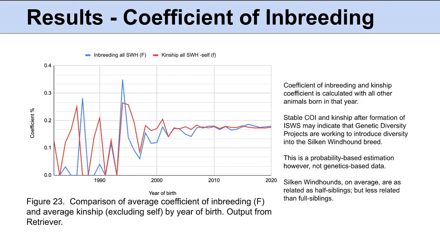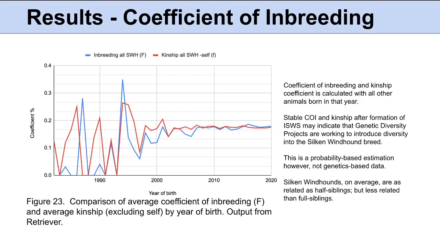The takeaway from this is actually encouraging on paper, that there is a stable COI and kinship level after the formation of ISWS, and this may or may not indicate that the genetic diversity projects are working on paper to introduce diversity into the Silken Windhound breed.